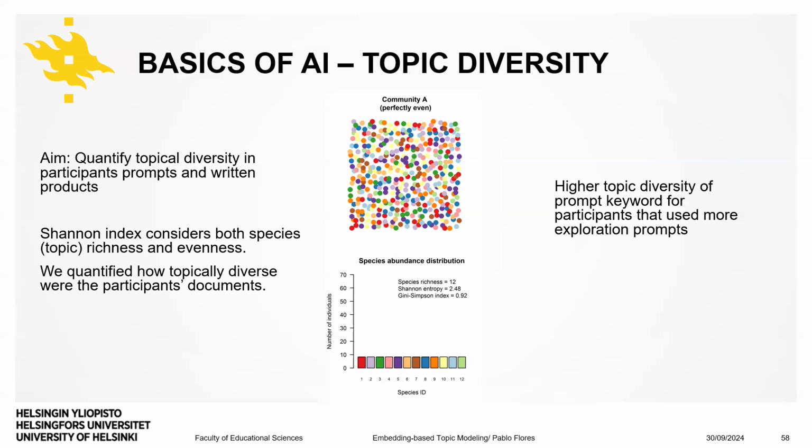So in their interaction, it's more topically diverse when they use more exploration prompts, which is not surprising. It's kind of expected, but I find it nice that we could give quantifiable support to that statement that exploration effectively brings more topical diversity into their interactions.